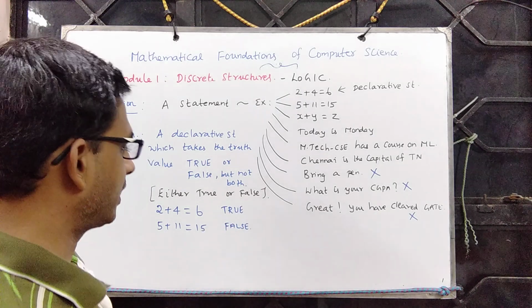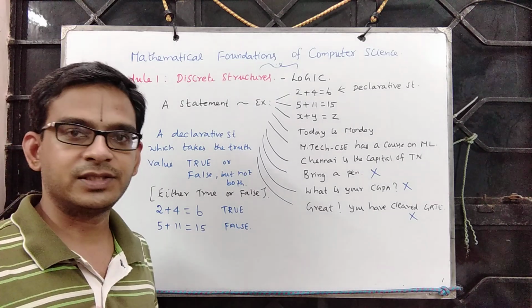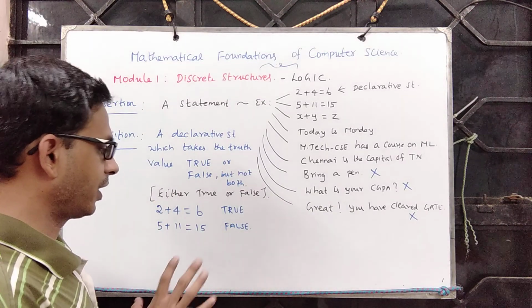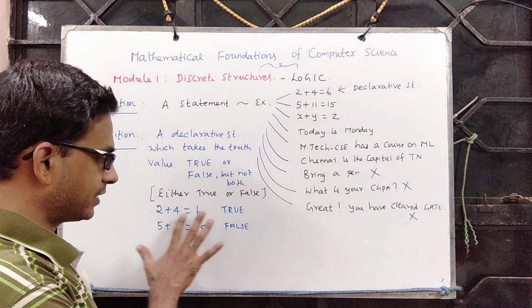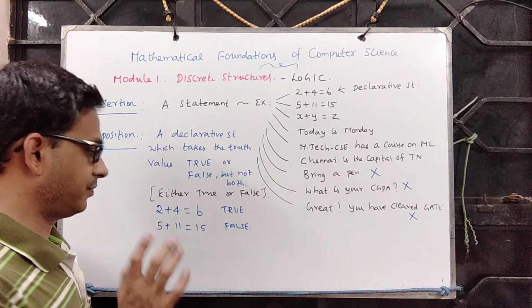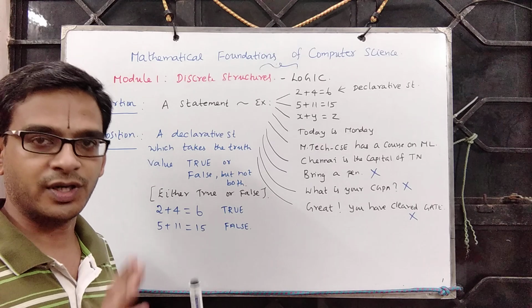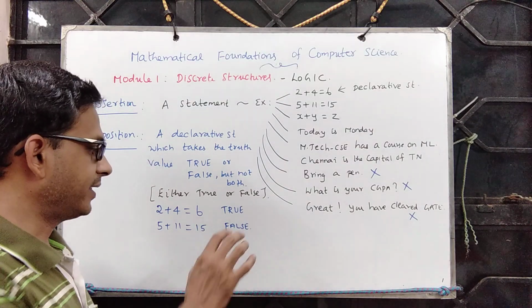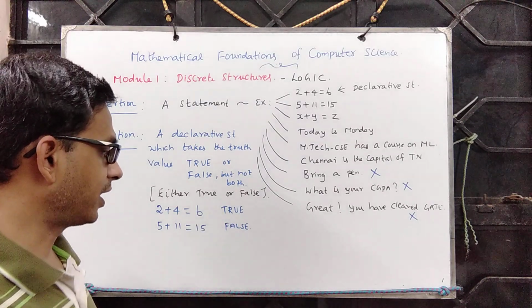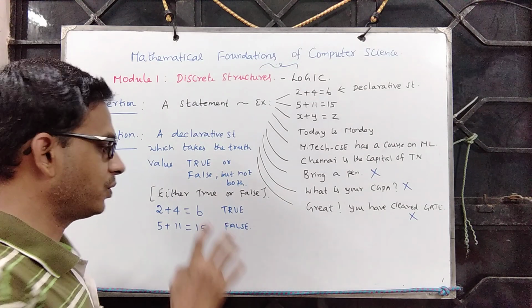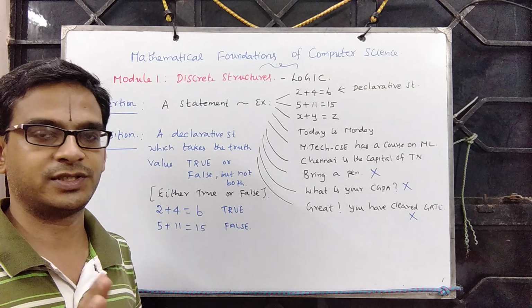Please note there are two versions when we talk about the truth value. One, it is context independent, meaning it is true always. It is not the case that you look at this statement on a Monday or a Tuesday it is true, or some other day if you see it, it is false.